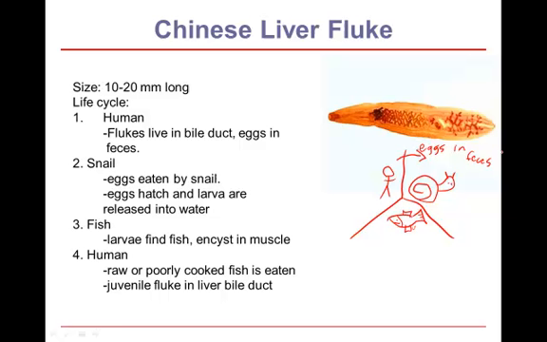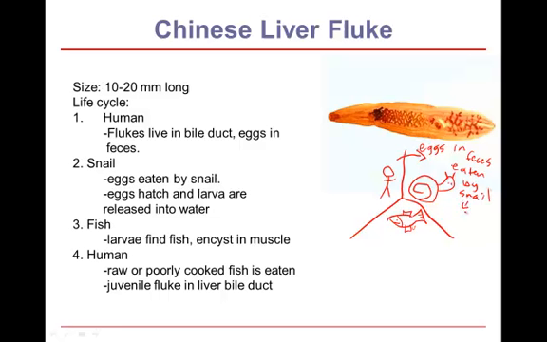So, although it may seem somewhat distasteful to use human waste in this manner, it is nevertheless necessary in the economic circumstances in which these people find themselves. So the eggs and the feces are eaten by the snail. Now, the snail may just be eating vegetation that has feces on them, or they may directly eat the feces.